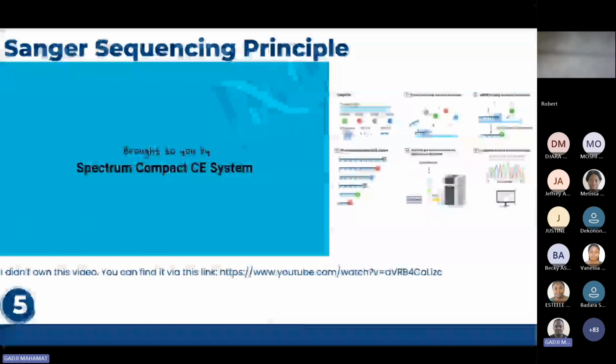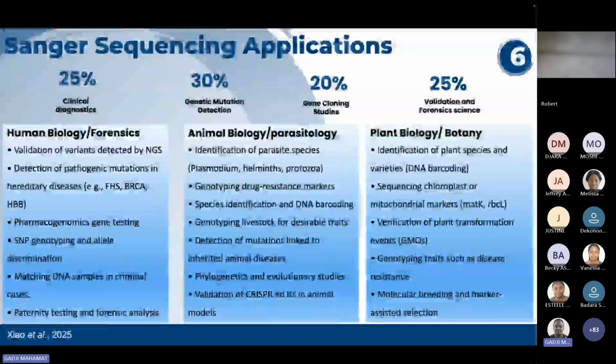So concerning the applications, Sanger sequencing has broad applications, including clinical applications as well as research purposes. Some examples: if you are a human biologist, you can use it to detect key genetic variations and validate them from the next generation sequencing final output. You can use it for identification of parasites if you are an animal biologist.